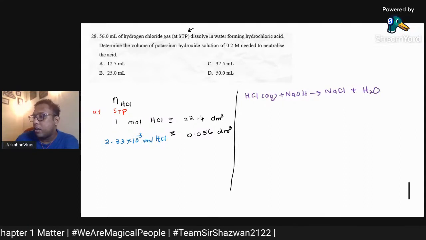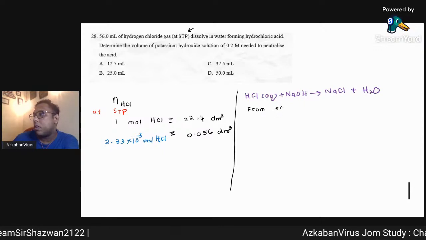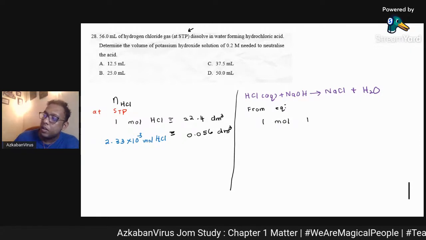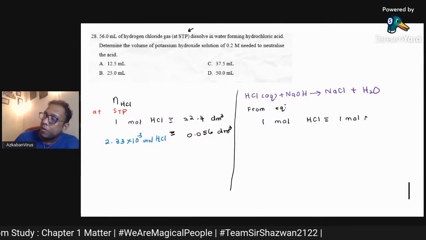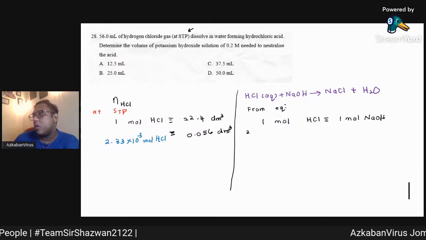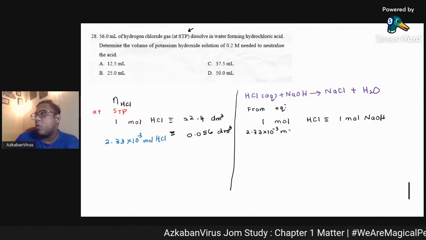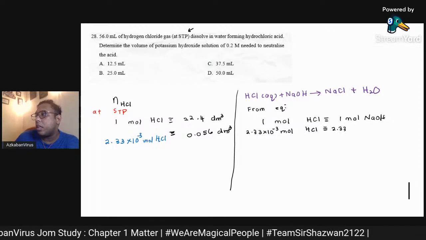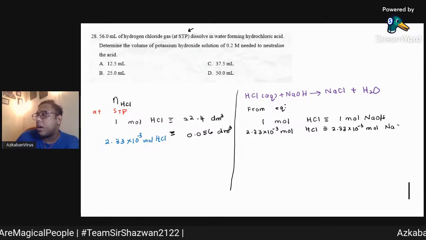We know that from the equation, one mole of HCl memerlukan one mole of NaOH. And if you have 2.33 times 10 to the power of negative 3 mole of HCl, you akan memerlukan 2.33 times 10 to the power of negative 3 mole of NaOH.